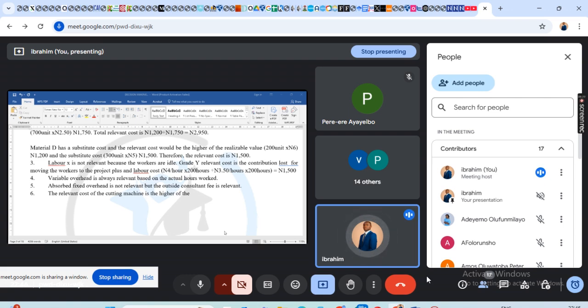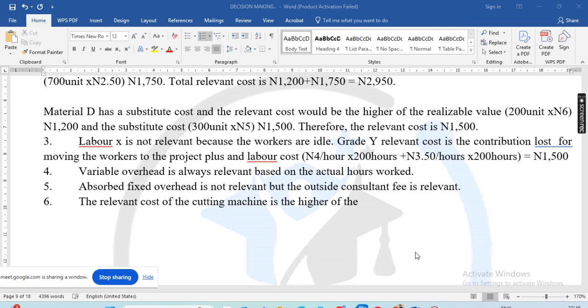So I would like to solve that question during our revision time. Now, it is the higher of the minimum, and if you see it, you can check it. So immediately after this class, I expect you to go and solve all questions on relevant costing. Check your material and check past questions as well.